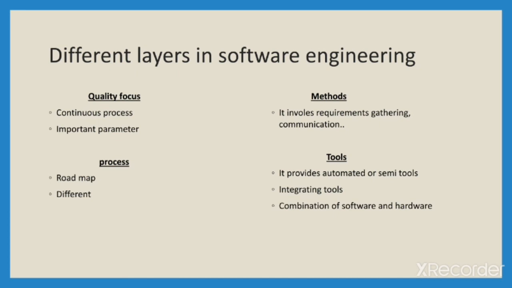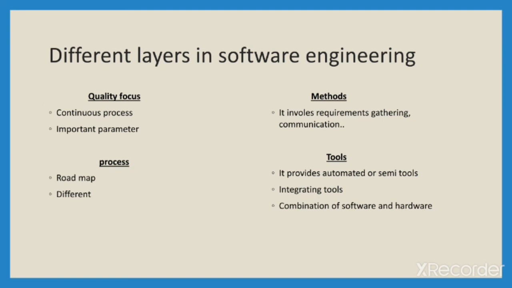And when you skip to tools, these are the ones which provide automated or semi-automated tool support for the project, and help with connecting between the tools, providing communication between them, and hence your project will run very successfully.